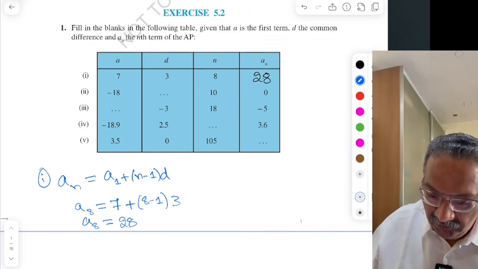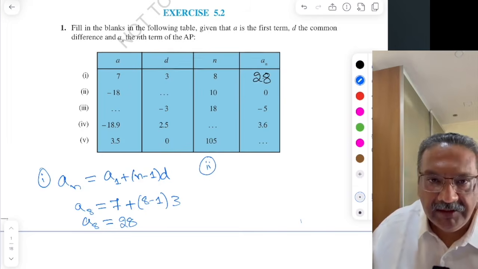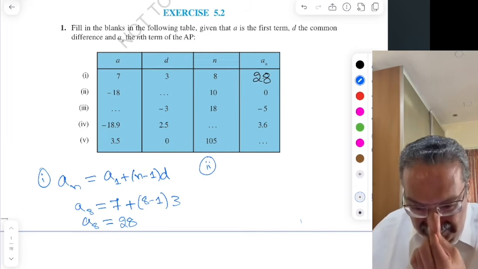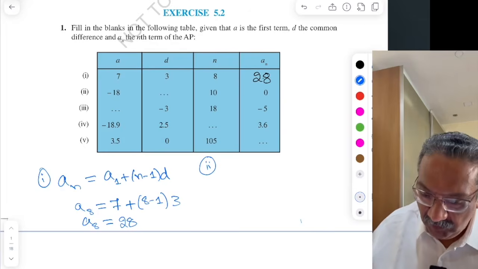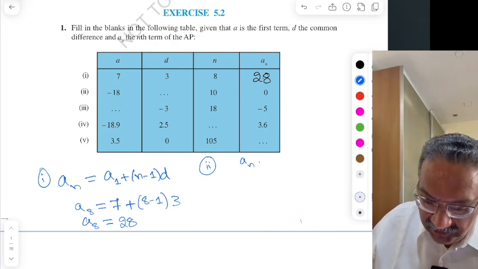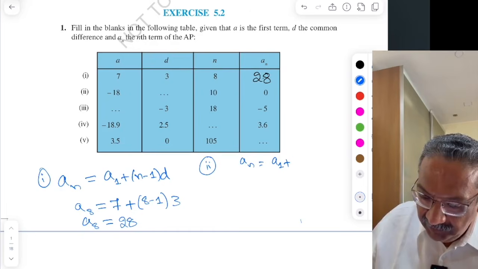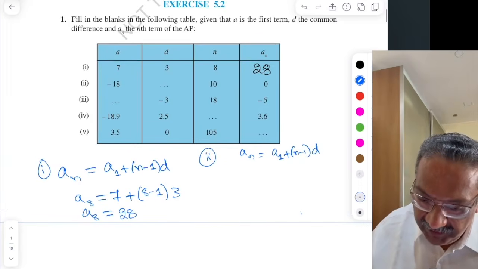Next, the second one. Here it is given A as minus 18, and they have asked for D. N is 10 and AN is 0. So the formula is AN is equal to A1 plus (n minus 1) D. So what is AN here?